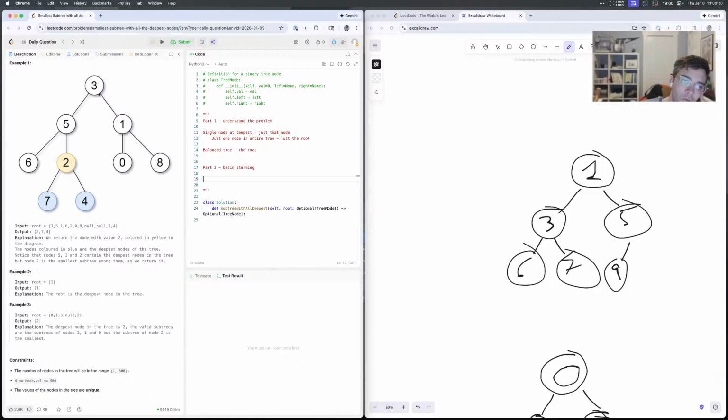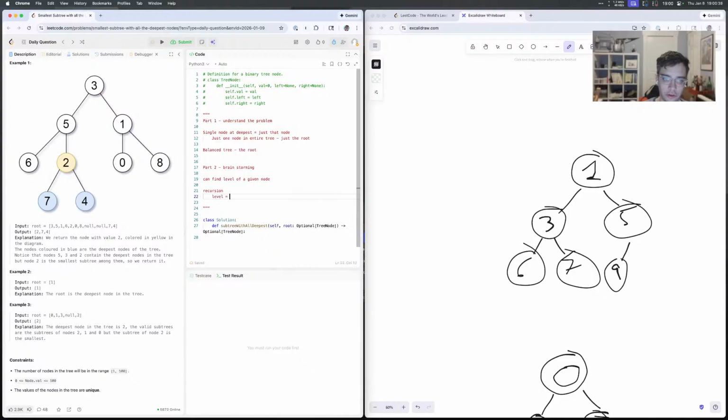So I can find the level of a given node pretty easily. With recursion, level equals previous level plus 1, where the previous level is passed in, and in the first case you pass 0.